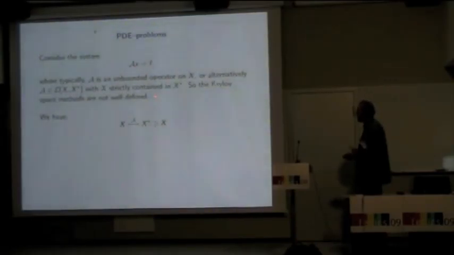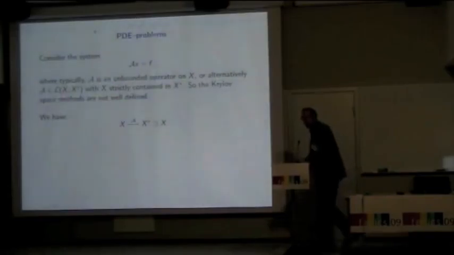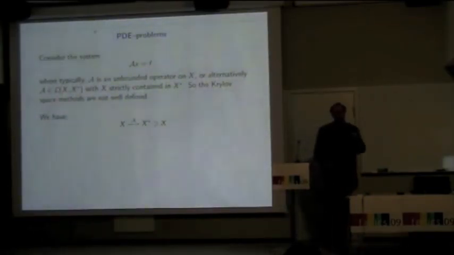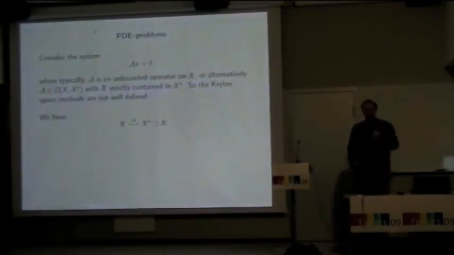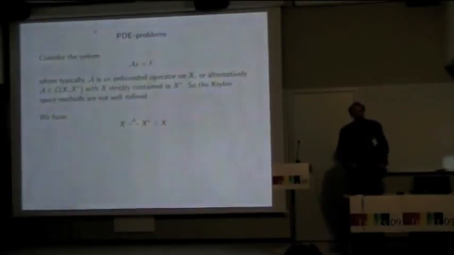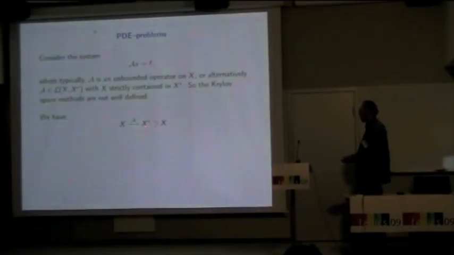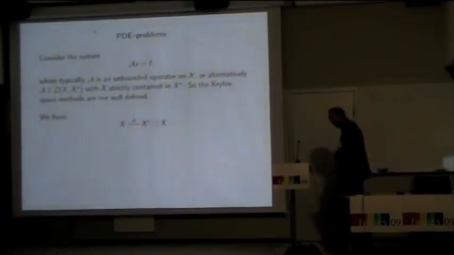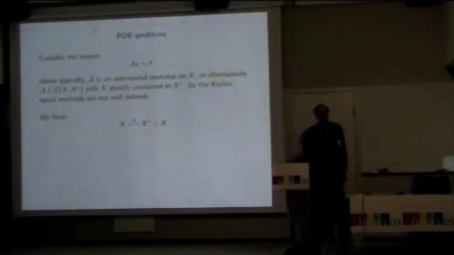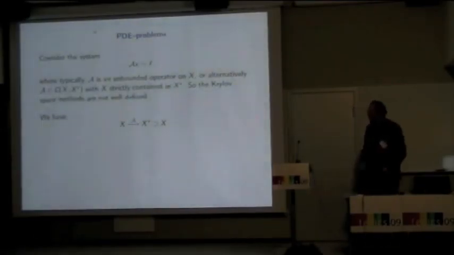But since we're talking about differential operators, they take functions with some smoothness and map them into functions with less smoothness. So you map from X into some space that we may identify as a dual space, which is a larger space. Okay? And then we are exactly in the situation that we cannot continue.